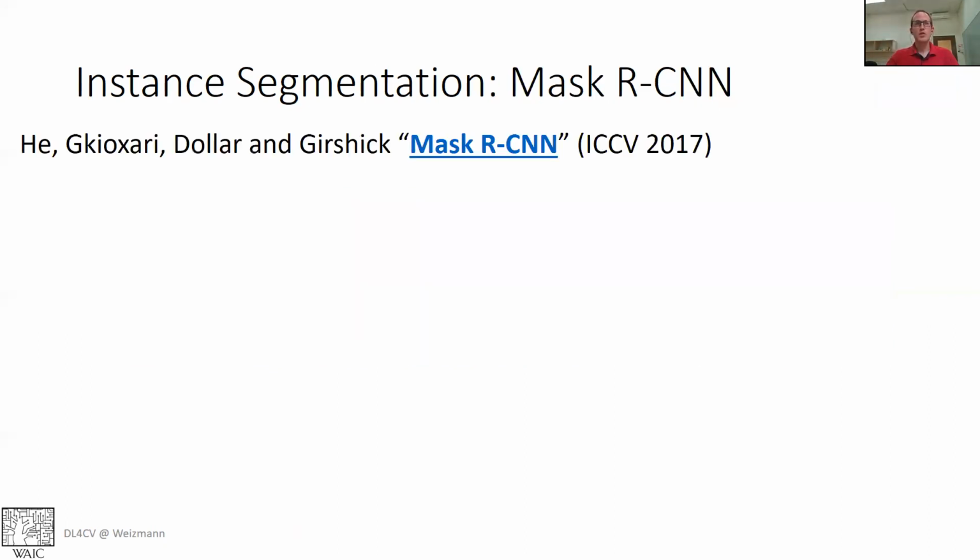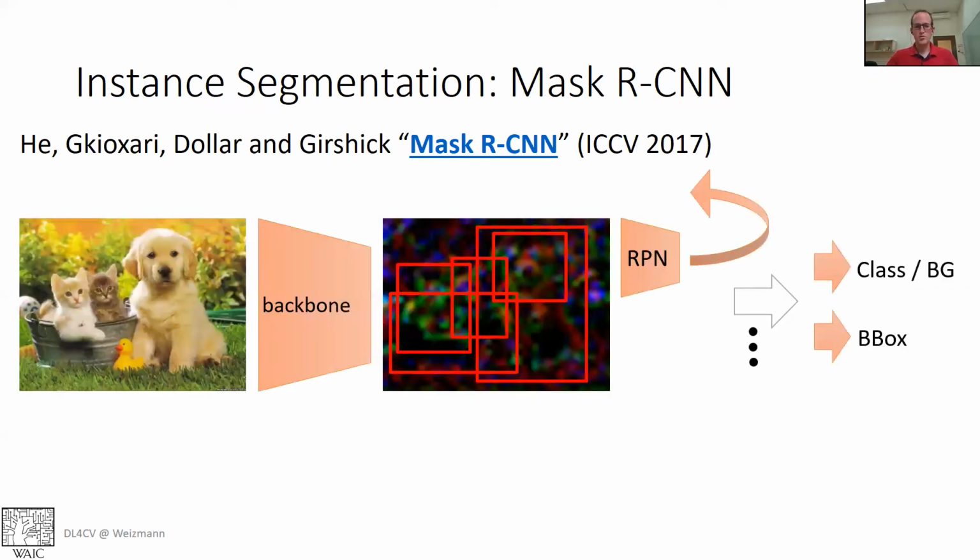One way of achieving this is combining these two approaches into Mask-RCNN, again by the same authors as Faster-RCNN. We are going to have this two-stage object detection backbone, with the region proposals first stage, but instead of having just classification and bounding box regression, we are going to have an additional head that looks like a semantic segmentation head and does a segmentation, but not for the entire image, only for the region.